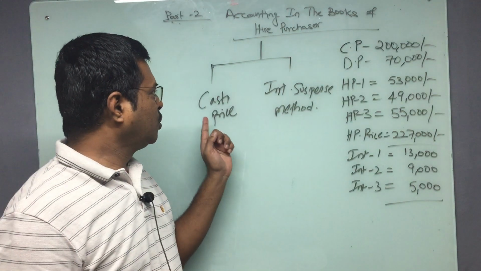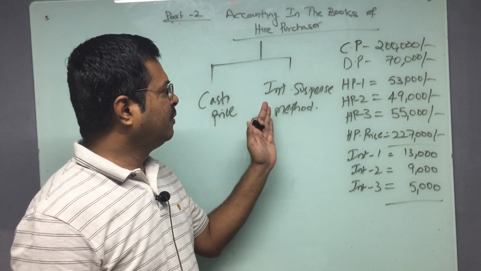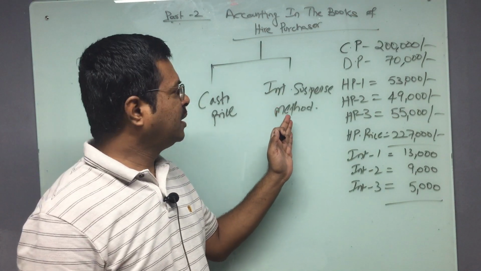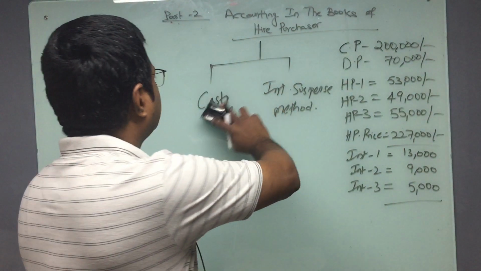We will do the cash price method first, then for the same example, we will do accounting entries for the interest suspense method. Let us now do the entries.